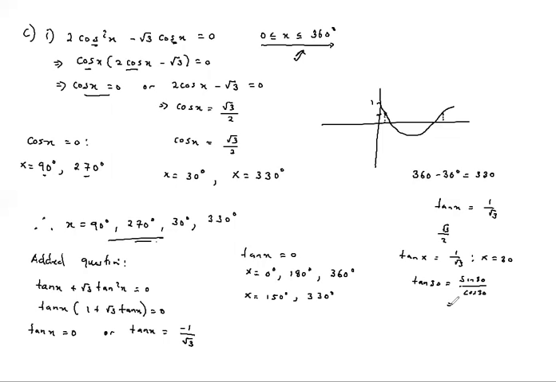So sine 30 is 1 over 2 over cos 30 is root 3 over 2. So this will be 1 over 2 by 2 over root 3, which is 1 over root 3. Then you take care of the negative by going by the difference in the second and the fourth quadrant.